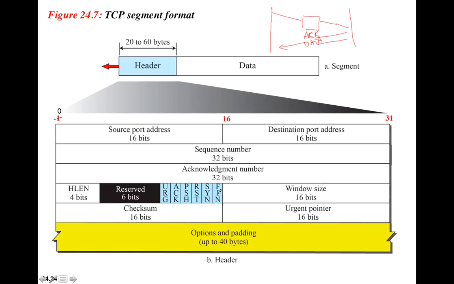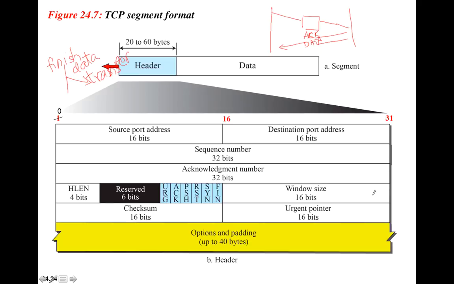And finally, when we want to end the data transfer connection, we send the packet with the FIN bit set. This is the finish bit. When this bit is set, it means the side that is sending it will now finish data transfer. It will not send any more data. It can send acknowledgements, but it will not send any more data.